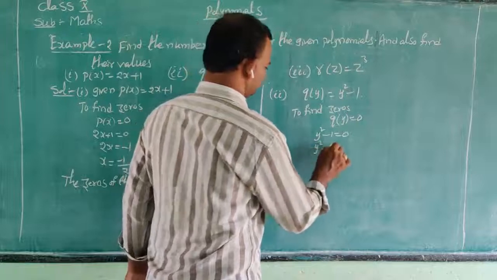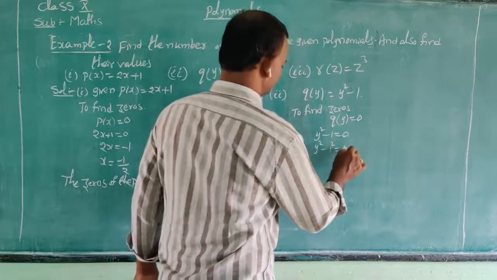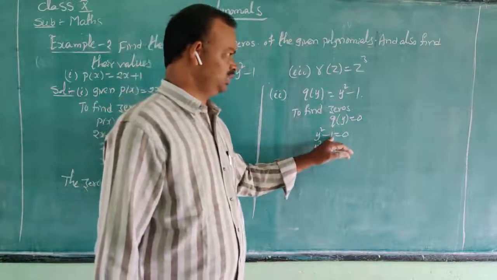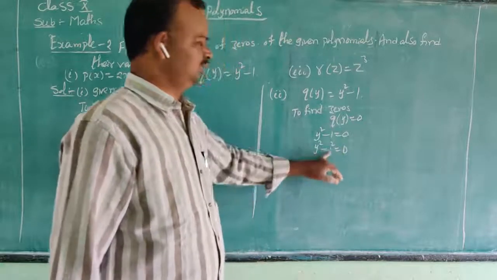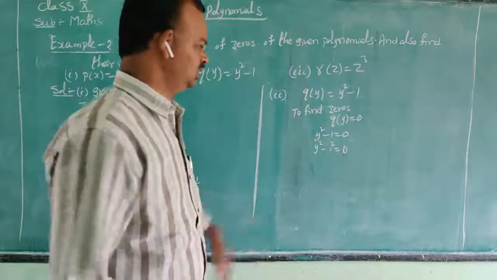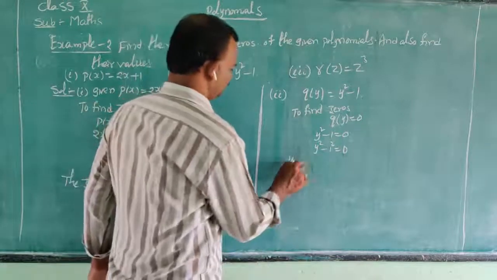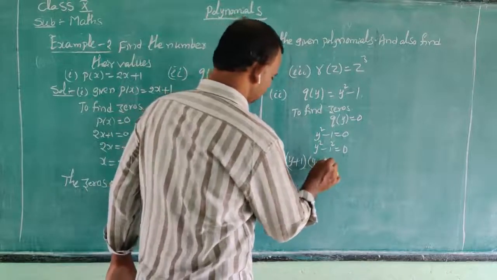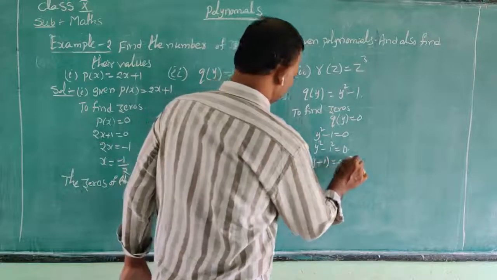That means y square minus 1 is equal to 0. 1 can be written as 1 square. It is in the form of a square minus b square, that is a plus b into a minus b. So y plus 1 into y minus 1 is equal to 0.